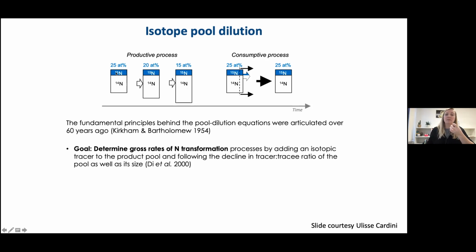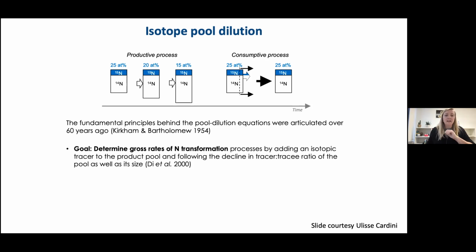So if you've labeled your ammonium pool in the beginning with some 15N and the bivalve is producing 14N, if you know the fraction of each of these and the total concentration, you can then tease apart consumption versus production. Only 14N will be produced, but both, if they're being consumed, both will be consumed from the pool in the incubation vial.